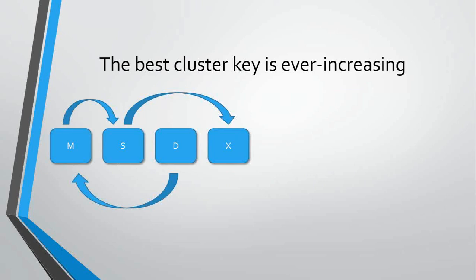So if I have my data, the same data we've been looking at, and the M was inserted, then the S, then the D, then the X, SQL doesn't just rearrange everything. It has pointers pointing at these rows. That would really be nuts if it had to completely rearrange. You do have to rearrange these pointers, and that's not necessarily good.